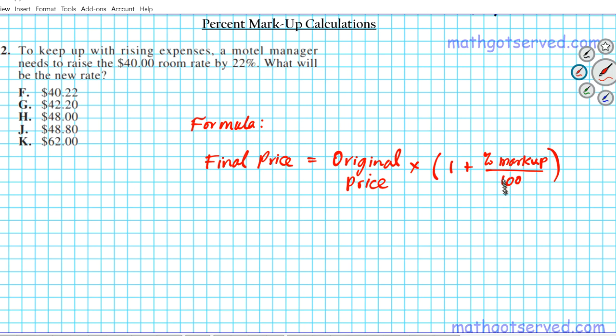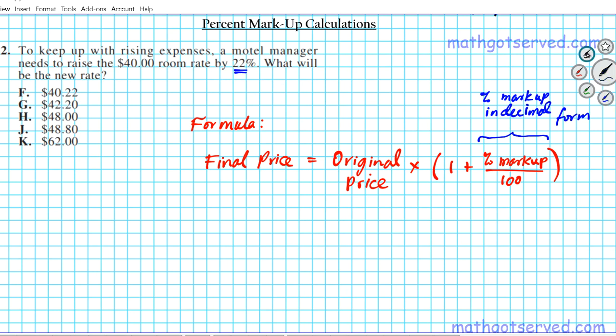All right, another way to do this, if you don't want to use fractions, is just add 1 to the percent markup in decimal form. That's much faster. You can do this mentally in decimal form. So in this particular example, the percent markup is 22%, in decimal form is 0.22. So you just multiply 40 by 1 plus 0.22, or 40 times 1.22.